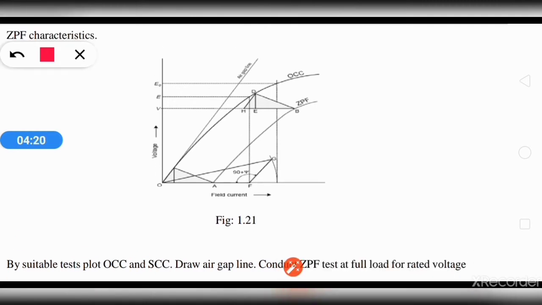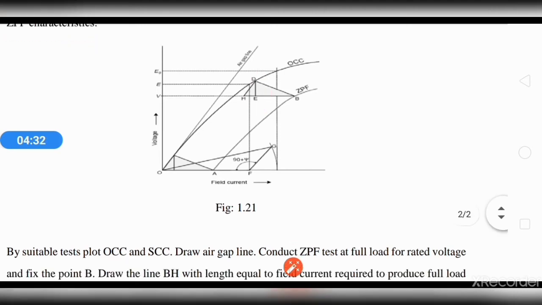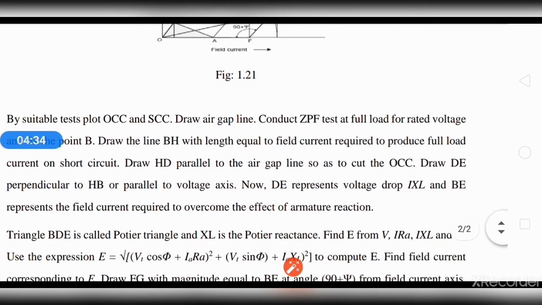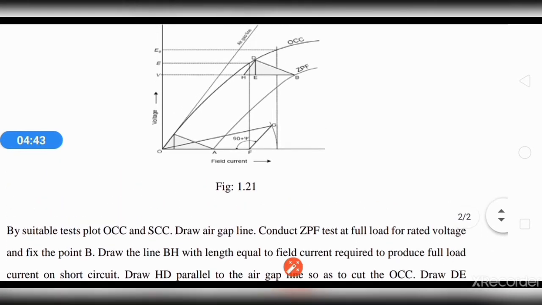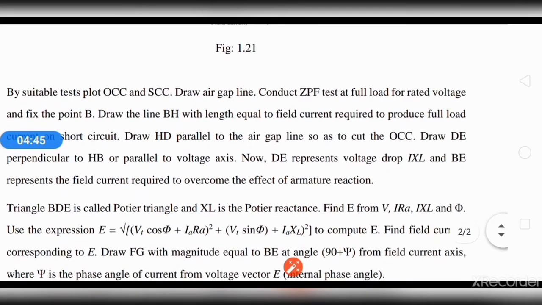From H, a parallel line is drawn, this is the HD line, and from D again a perpendicular DE is drawn on HB. So DE represents the voltage drop IAXL, and BE represents the field current required to overcome the effect of armature reaction.